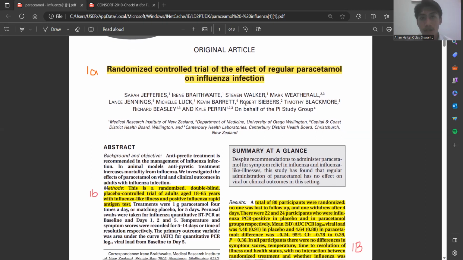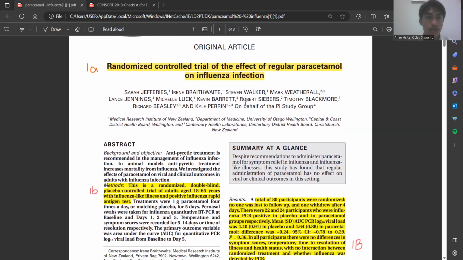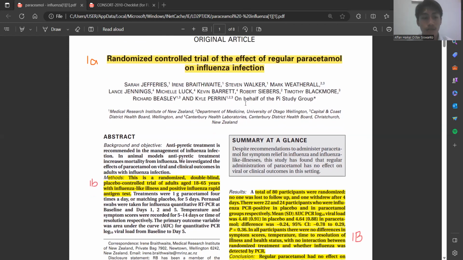In this article, for item 1A, the title is "Randomized controlled trial of the effect of regular paracetamol on influenza infection." This item 1A is the identification as a randomized trial in the title.